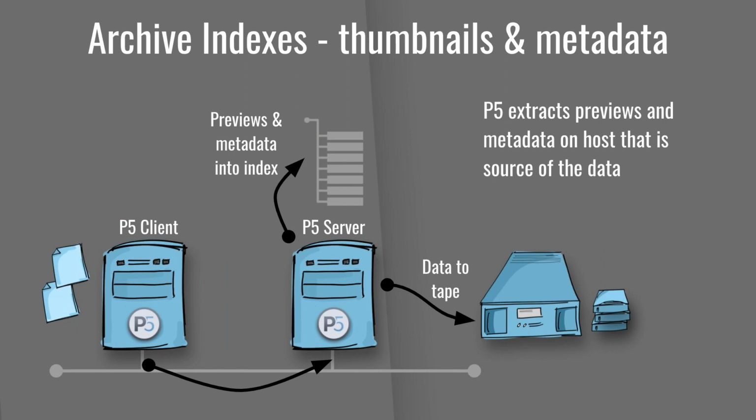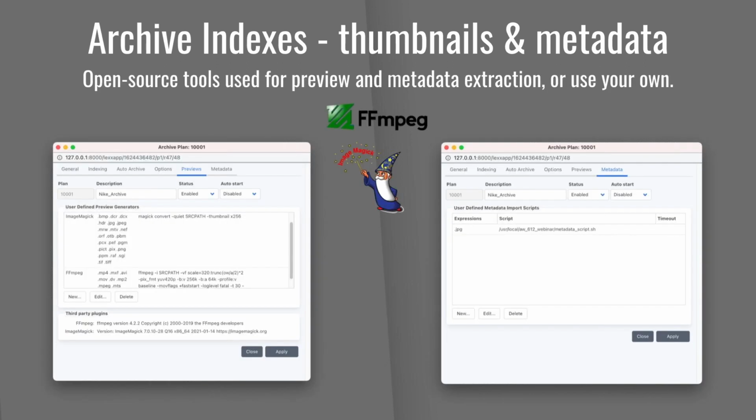So you're totally free on how to do that. You just hook into the API. There's REST and then CLI API. So it's pretty flexible. And if you need assistance, just call your system integrator or write me an email so we can figure something out. Yep. Cool. So this is the preview generator part of the interface.